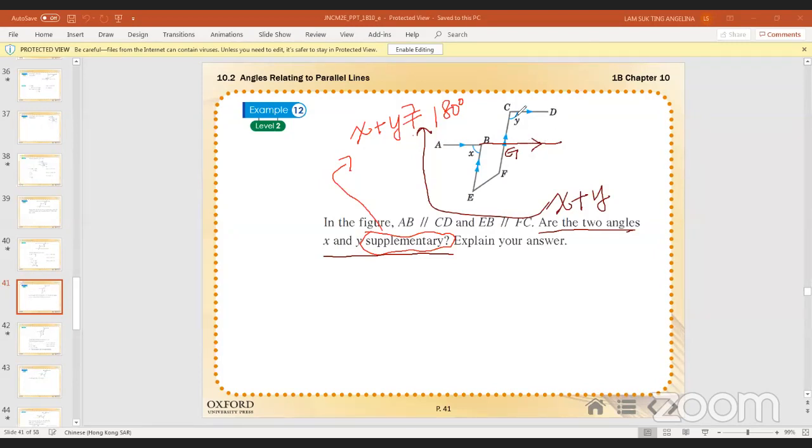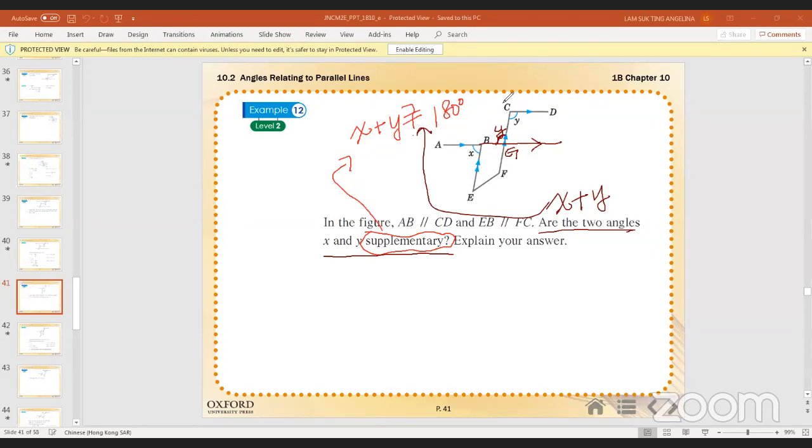Now in this case, we just explain by using the diagram, okay? Then I know that this one is Y. Do you agree? Right? This angle is Y, right? Agree?